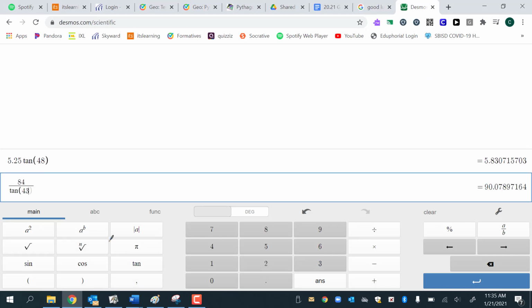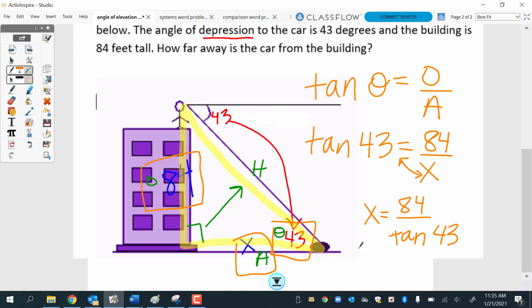It said 90.07. The 7, does that make the 0 bigger or keep it the same? Bigger. So that's going to be 90.1. Final answer.